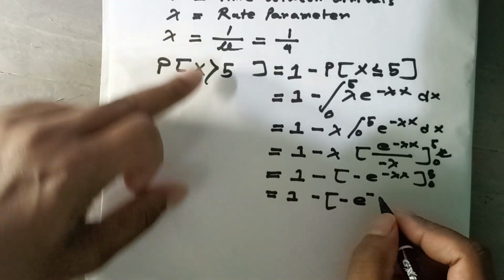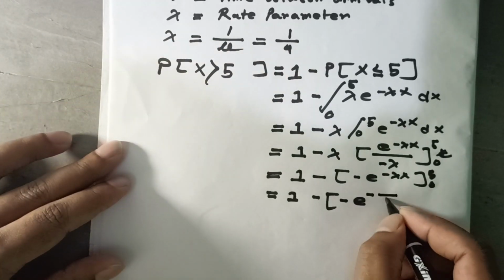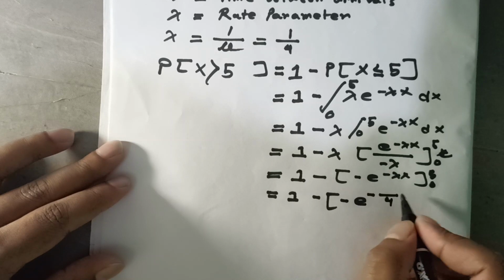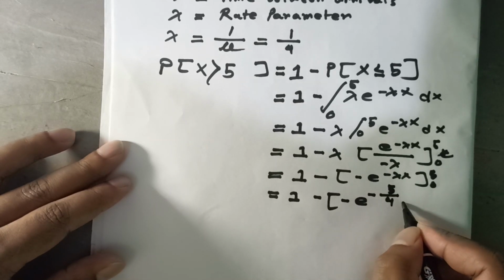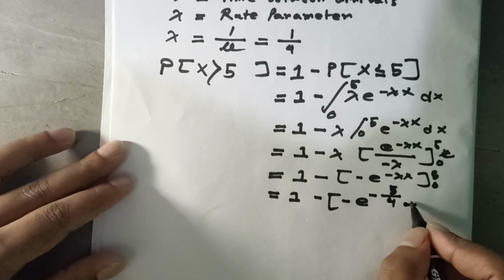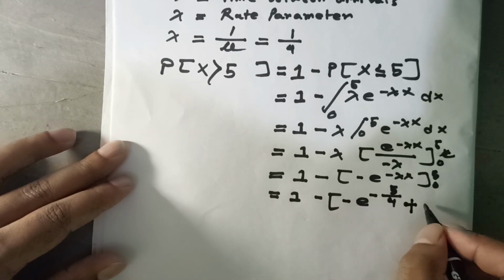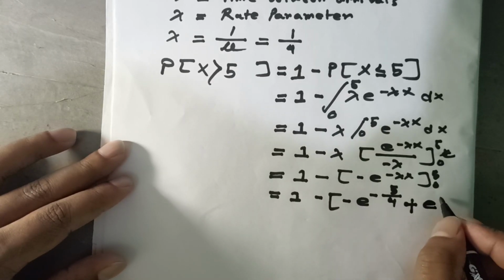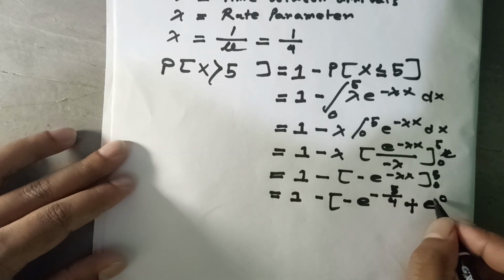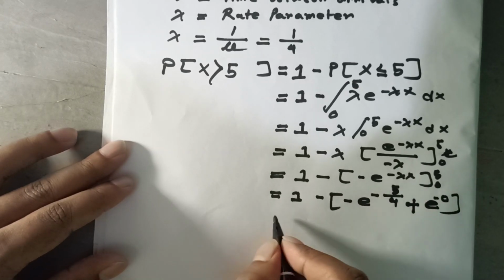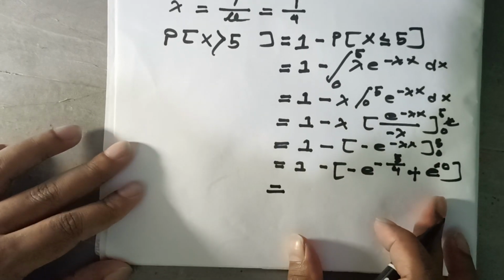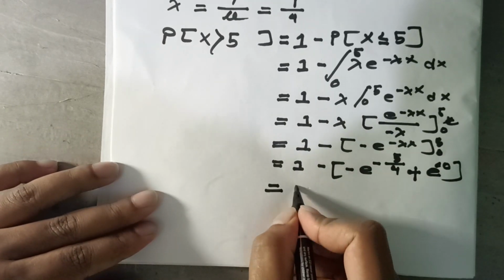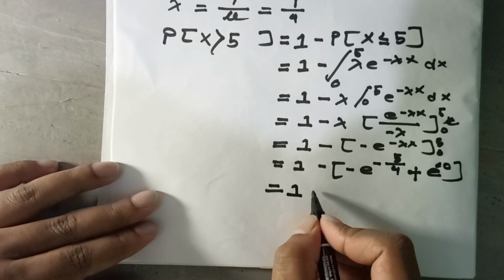What was our lambda's value? 1 by 4, so it will be minus e to the power minus 5 by 4, plus e to the power 0, that is minus 0.